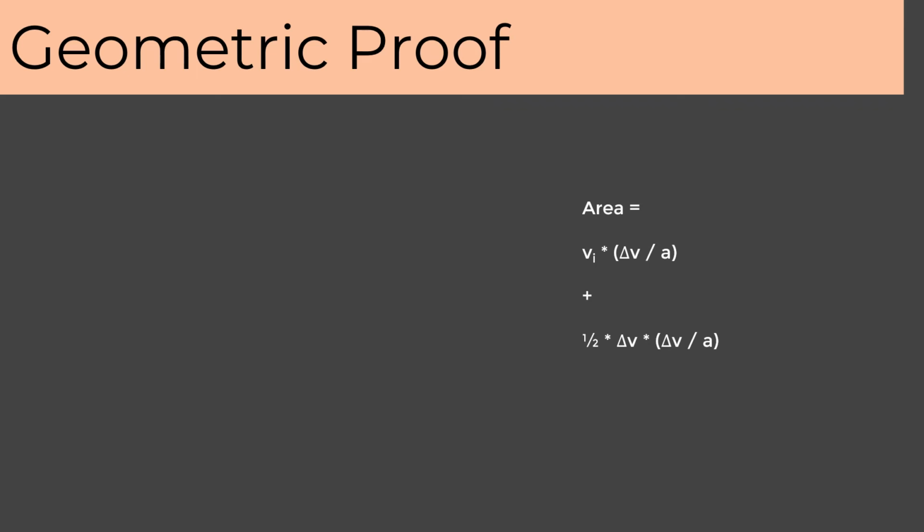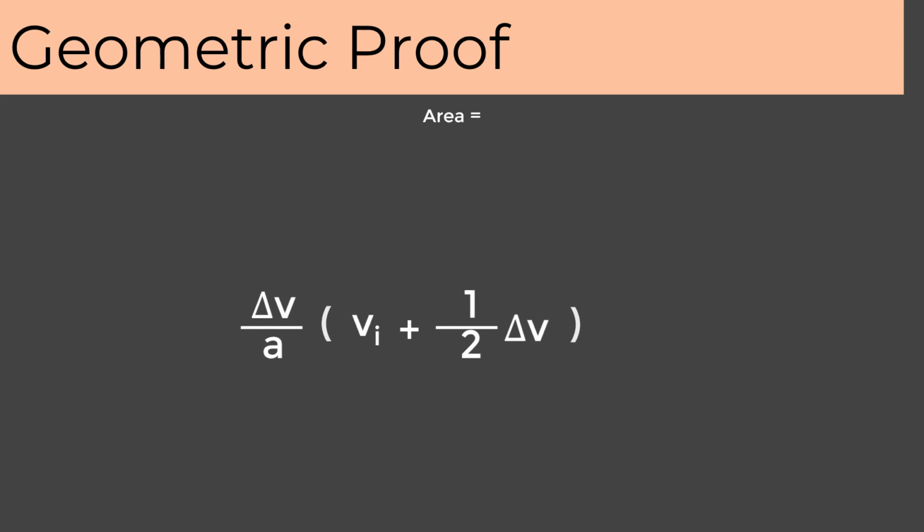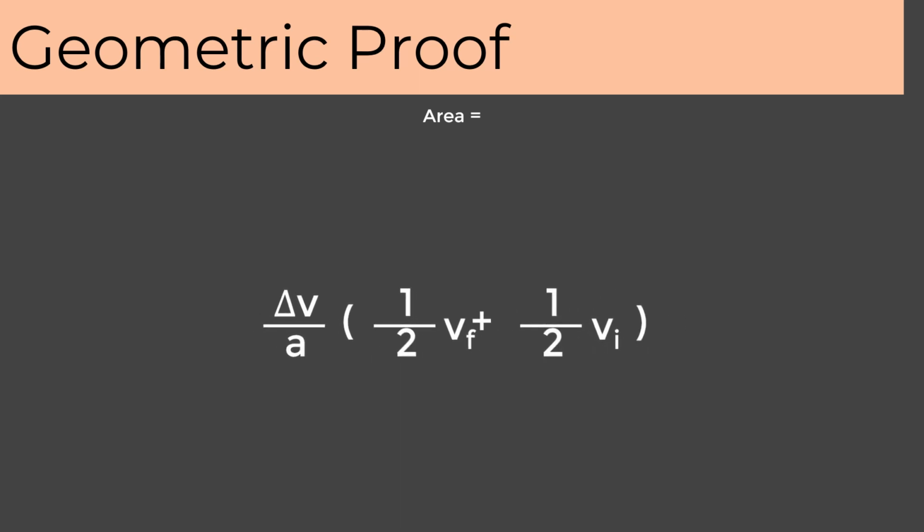Now, we need some algebraic manipulation, so let's focus only on the equation. We see that both terms have a delta v over a, so we can factor that out. Expanding the delta v in the parentheses gives us this. And after expanding it, we can combine the terms and simplify.